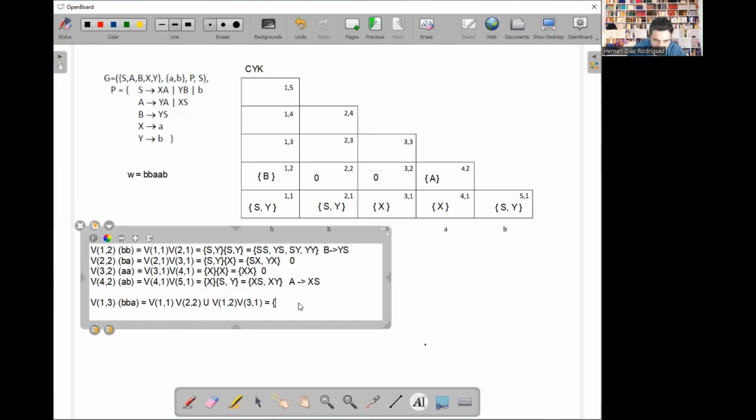So now we need to check all the possible combinations. In this case, it's empty, and in the second case, it can generate B or X, right?